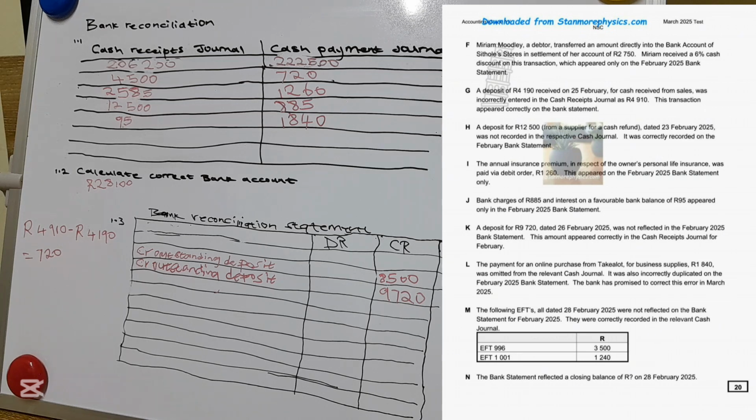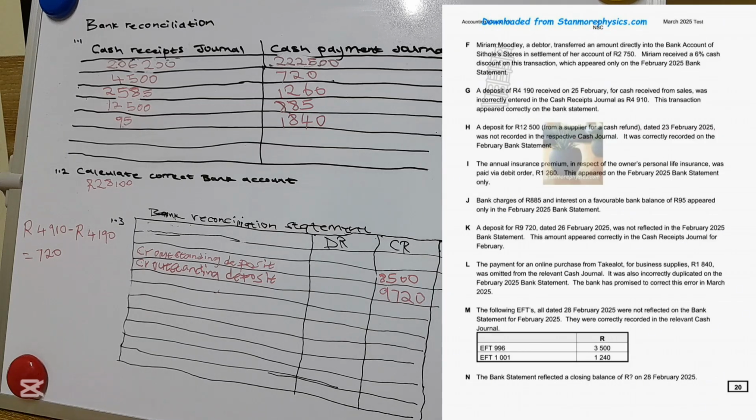When we continue with the transaction, this amount was also incorrectly duplicated on the February 2025 bank statement. The bank has promised to correct this error in March 2025. When they say this amount was incorrectly duplicated, it means this 1,840 is recorded twice by mistake.